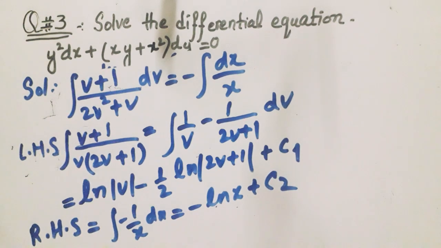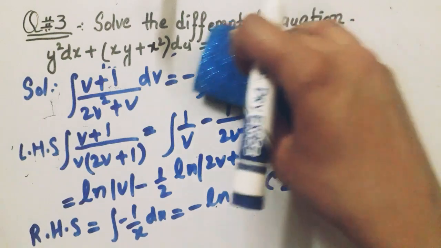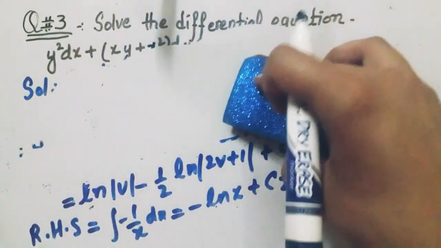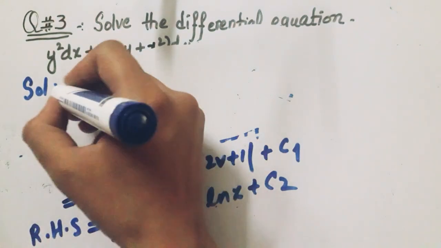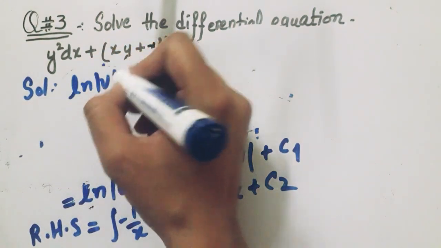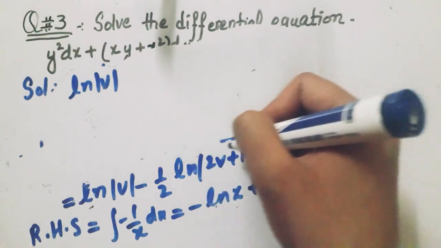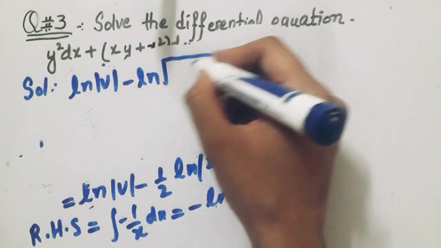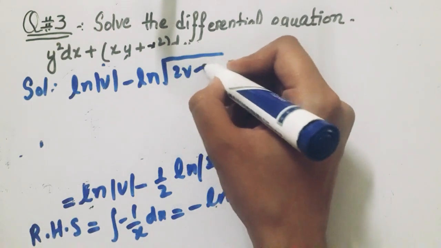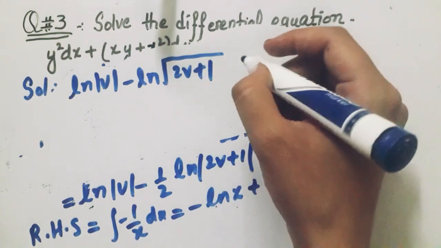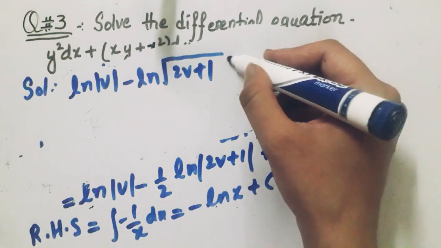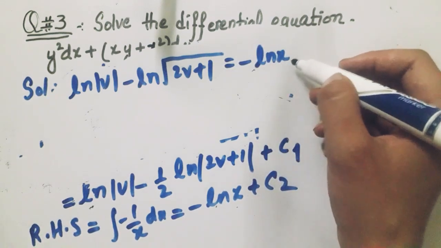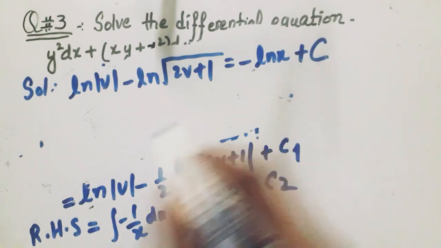Now we will combine both results of the left hand side and the right hand side. So this will become ln v minus ln square root of (2v plus 1) is equal to minus ln x plus constant c.